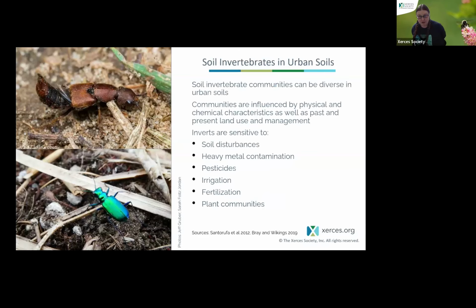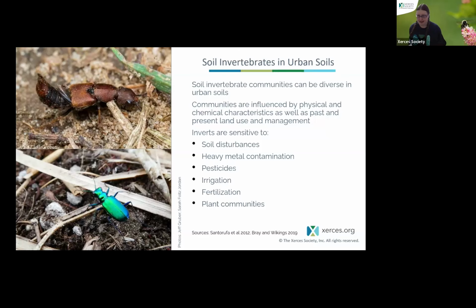But we do have soil invertebrates in urban soils, just like we would in land preserves or diverse large farm systems. Soil invertebrate communities can be diverse here too, right? And so just because you're working in that landscape does not mean you won't see these animals there, but it's good to know what they're sensitive to.